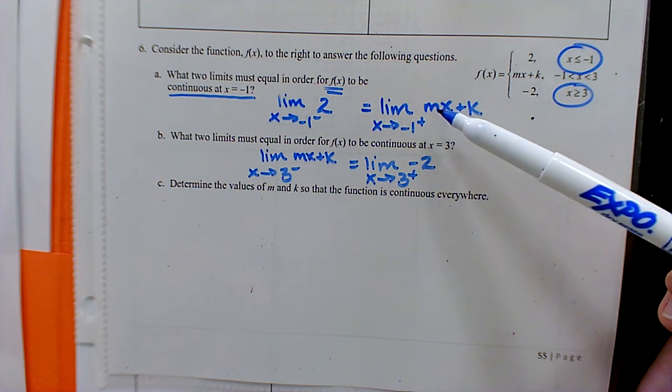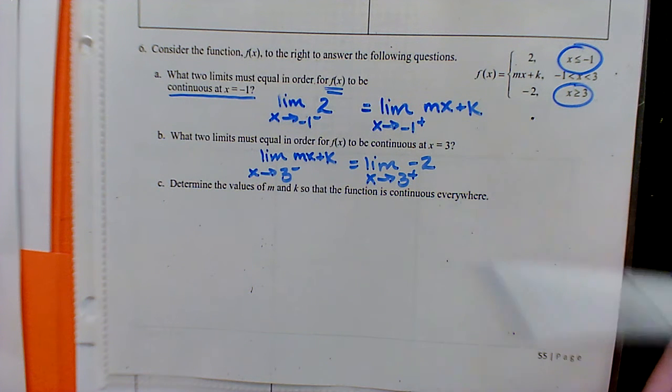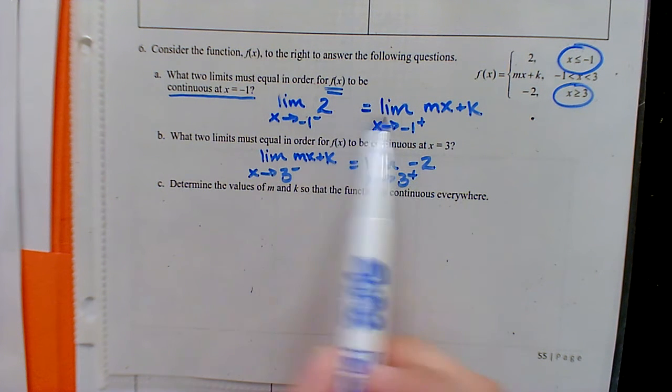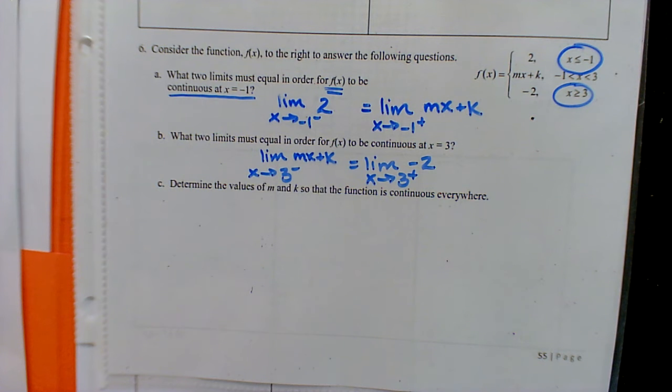So we already know the point exists for both of those. We need to check, does the limit exist for both of those? And then we can determine if it's continuous or not. But in order to be continuous, the limit must exist because that's one of the stipulations, one of the 3.